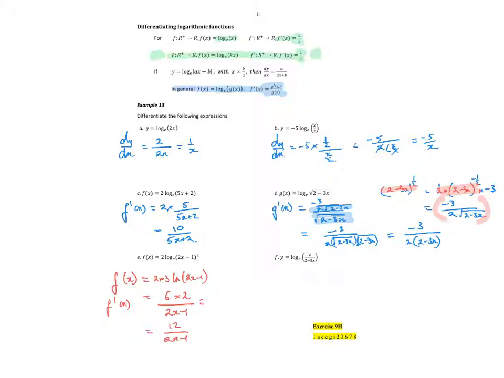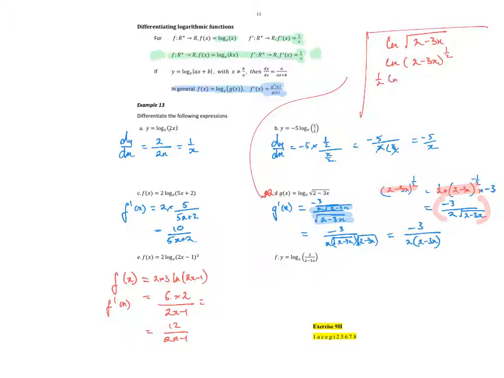Which gives me a hint in here. Let's think about that one again. So let's maybe bring that one up here. That natural log of root 2 minus 3x can be written as natural log of 2 minus 3x to the half, can't it? Half comes out the front.